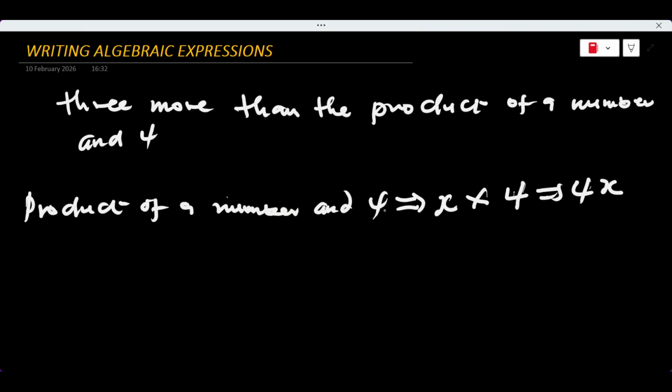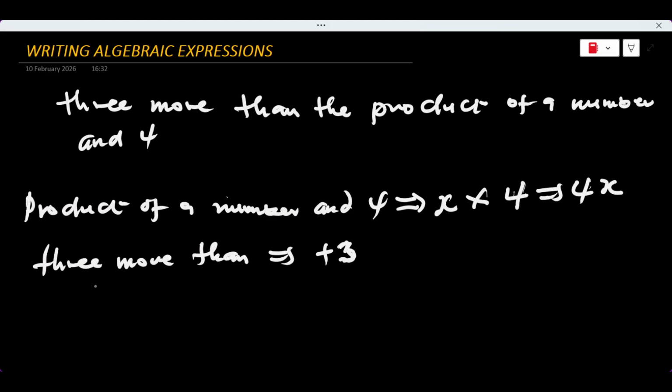Which gives us 4x. Then now we move to 3 more than. As I indicated earlier, anytime you see the words more than, it means addition. So 3 more than means plus 3. Okay.